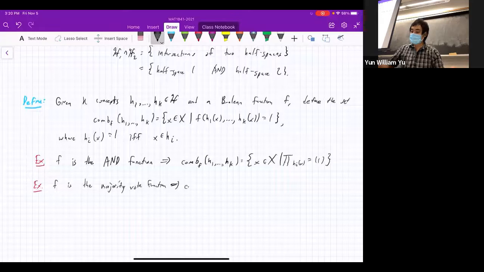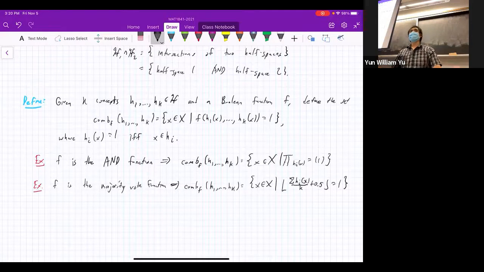So we can write this as combine f of h1 through hk is equal to the set x in X such that, I'm going to write this in a sort of weird way, but it's basically just so long as half of one. All that's saying is that so long as if you sum up together all of the hi's, you're at least half of one. Just a weird way of writing it. There are many different ways you could.